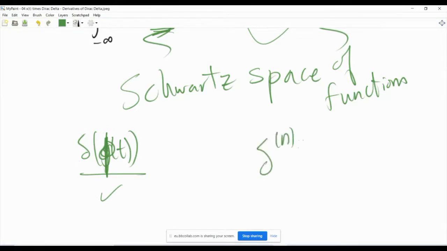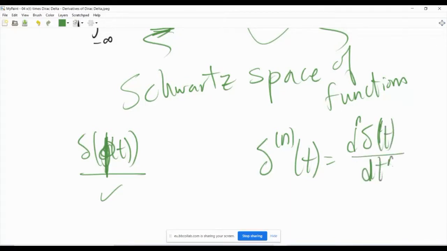Now we also know that this guy here is meaningful, designed to be meaningful: the nth derivative of the Dirac delta with respect to t. If the Dirac delta evaluates the function, its nth derivative will evaluate the nth derivative of the function with an annoying -1 to the power n, based on the fake derivation that we have here.